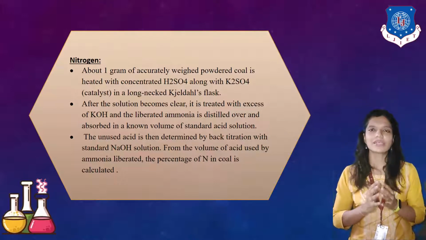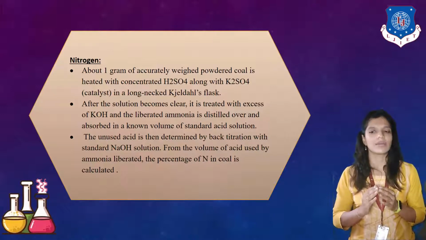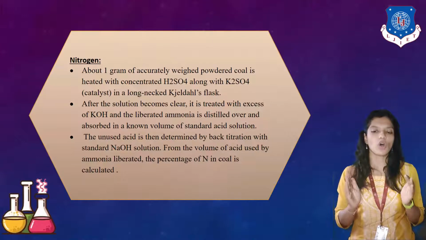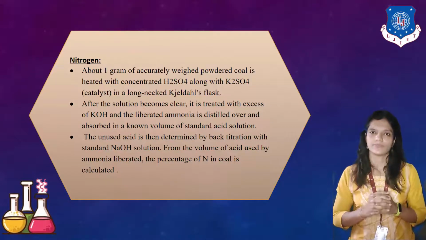The Kjeldahl apparatus is widely used for the analysis of nitrogen in various samples, not only coal. Now let's move ahead in our process. After the solution becomes clear, it is treated with excess KOH, and the liberated ammonia is distilled over and absorbed in a known volume of standard acid solution.